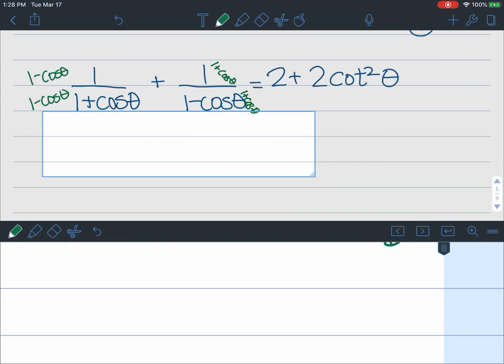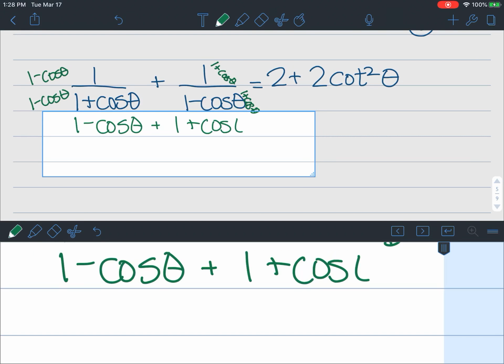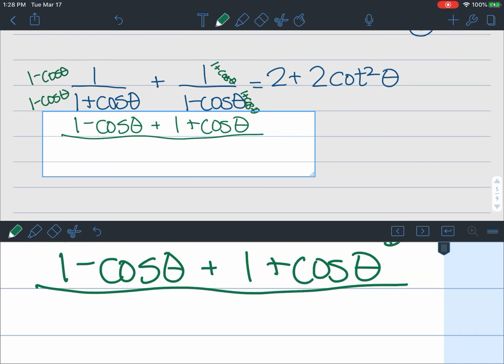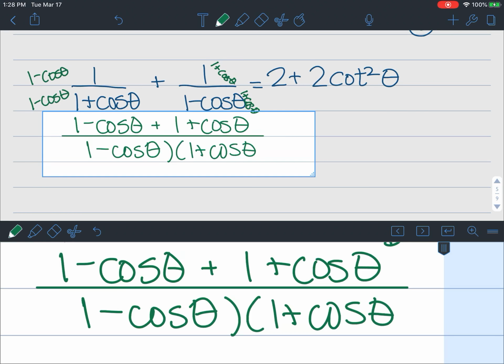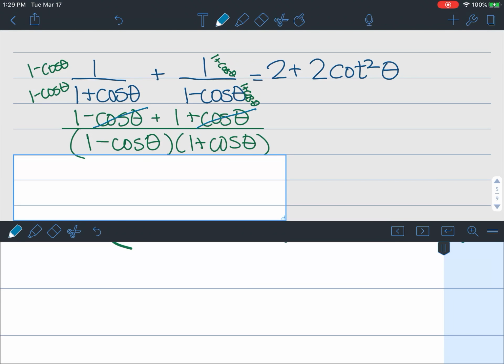Okay, that's going to leave me with 1 minus cosine on the top of the first fraction and 1 plus cosine all over 1 minus cosine times 1 plus cosine. Okay, when we look at the top, you'll see that the two cosines can cancel because one's positive and one's negative. And we also have the 1 and the 1 that can get together and become a 2.